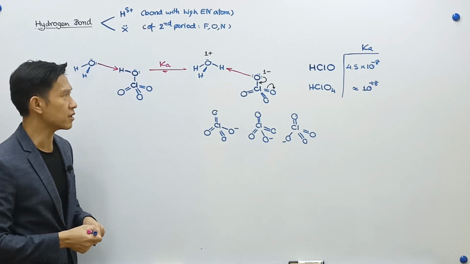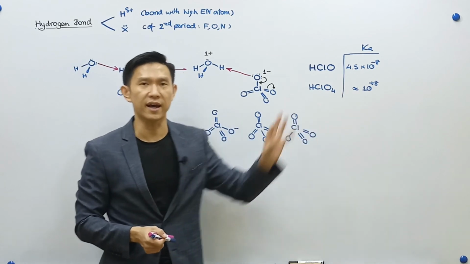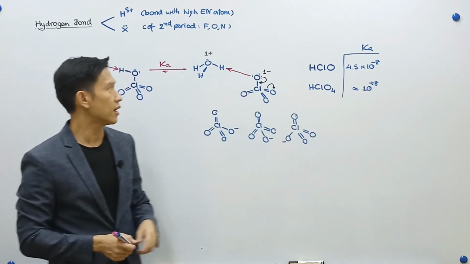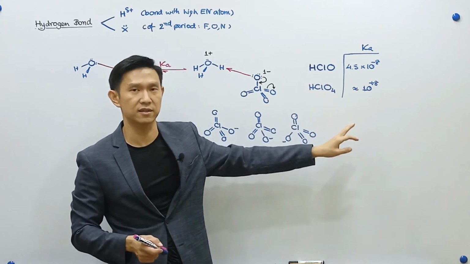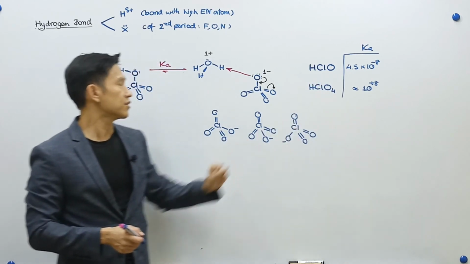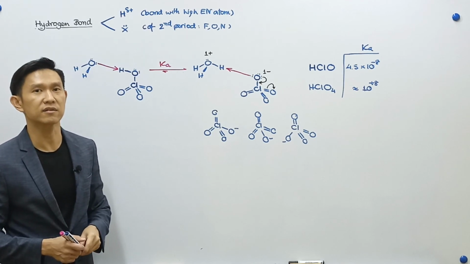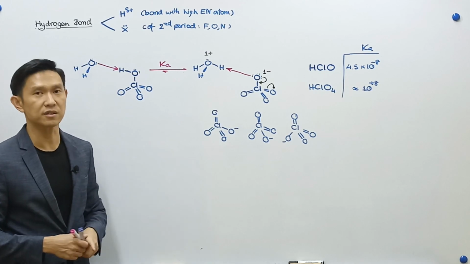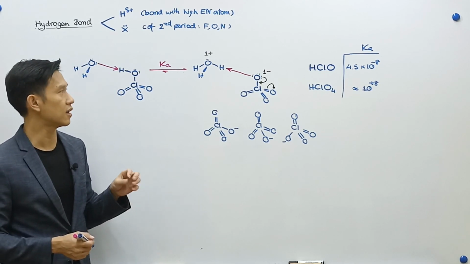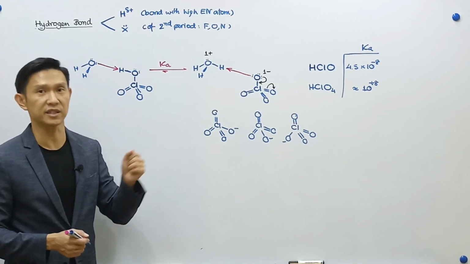But approximately the Ka is in the positive region, even higher than HCl, about 10 to the plus 8, so about 100 million. All right. So that means perchloric acid is stronger than hypochlorous acid.